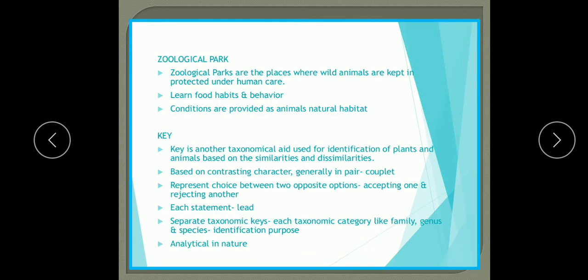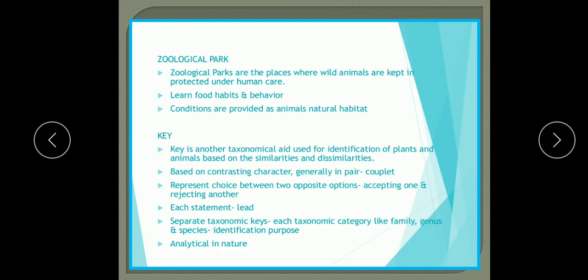The next taxonomic aid we are going to study is the zoological park. So what are zoological parks? A zoo is a place where various living animals are kept in a protected environment within enclosures.